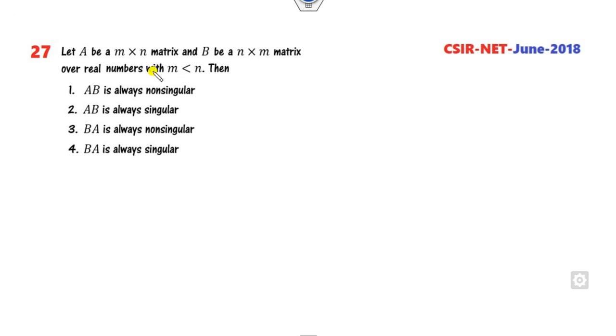Okay, now look at this another one. A is m cross n, B is n cross m. That's very simple. You can choose any value of n, any value of m. Make sure n is less than this. If I consider this is 1, this is 2. So what is your target?